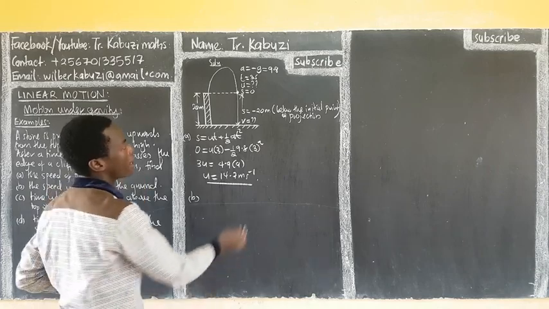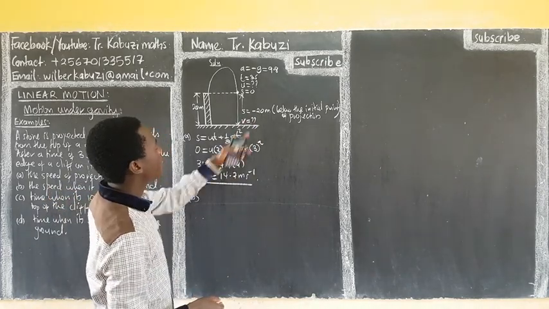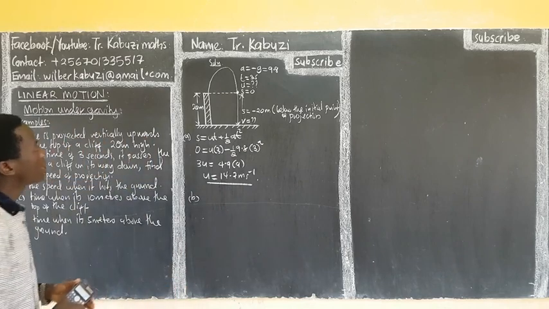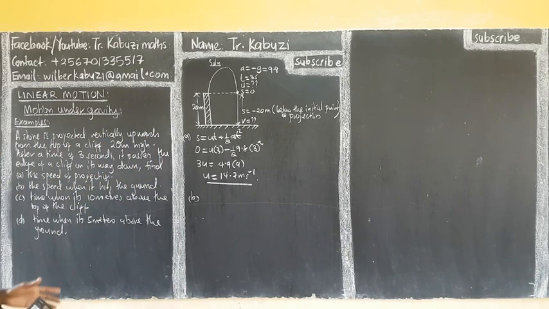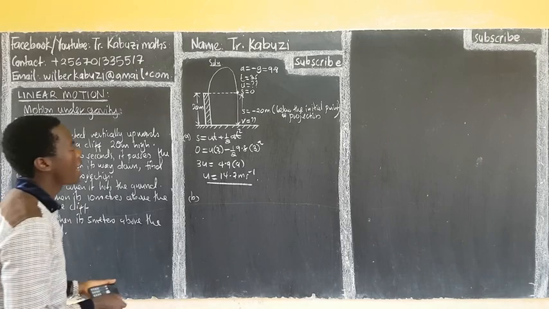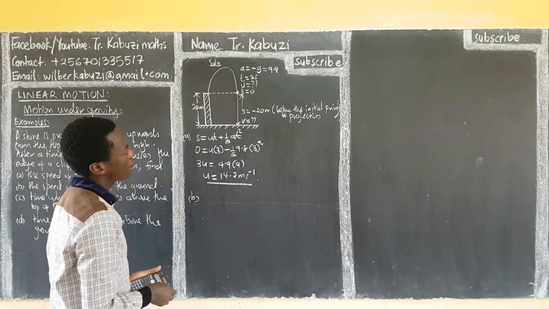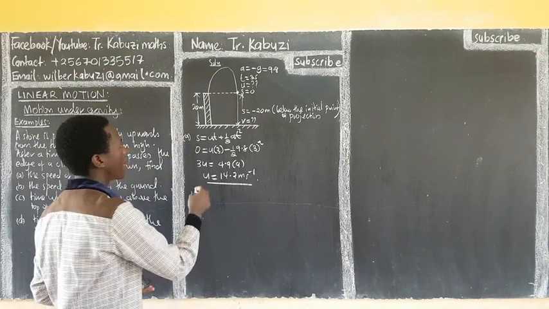So what do we have? We have the distance, we have the initial speed, we have the time, and then the speed at which it hits the ground. What are you going to use? Do we have the time? I don't think we have the time from there.